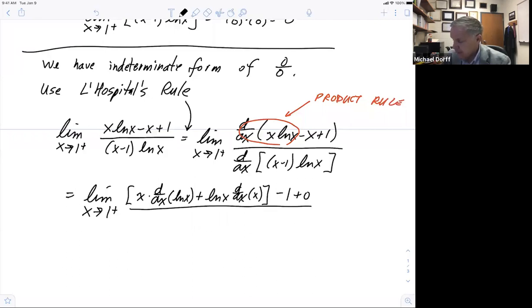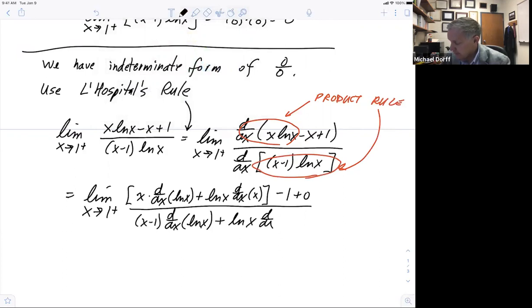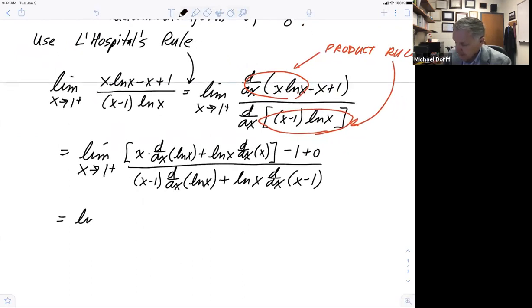In the denominator, we also have to use the product rule, because we have this. So I'm going to get the first, x minus 1, times the derivative of the second, plus the second times the derivative of the first. All right, so now we go ahead and carry out the rest of our differentiation.